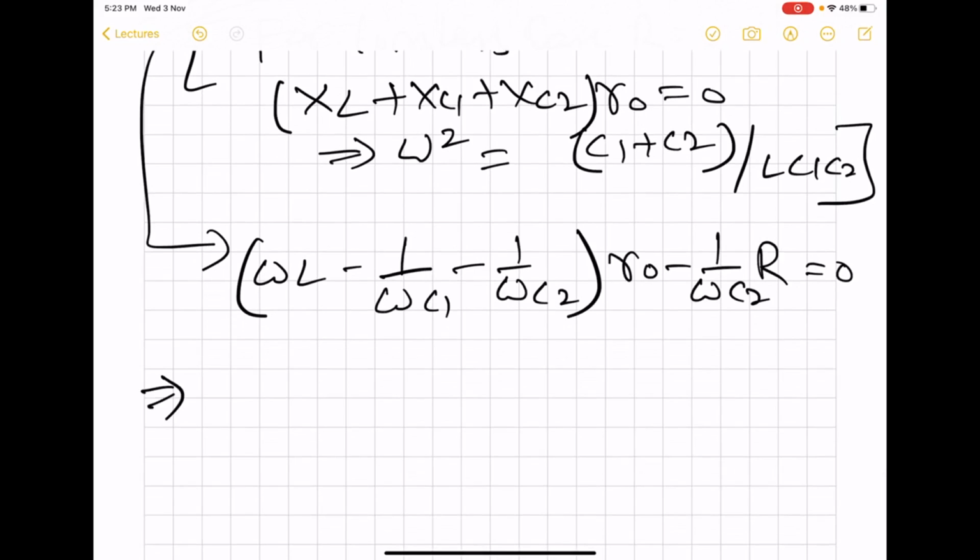Now here, we have R naught omega L on one side, and then we can combine the rest of the terms together.